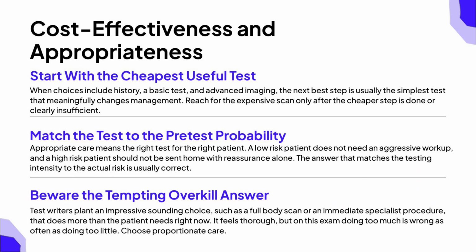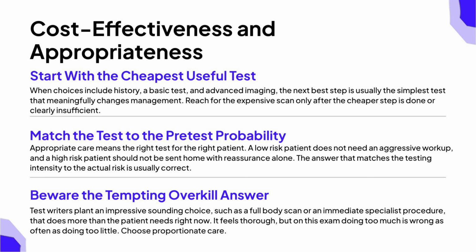Strategy 3 is cost-effectiveness and appropriateness. First, start with the cheapest useful test. When choices range from a focused history to a basic test to advanced imaging, the next best step is usually the simplest test that actually changes what you would do. Save the expensive scan for after the cheaper step is done, or clearly not enough.